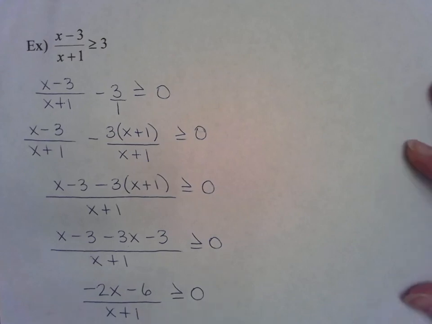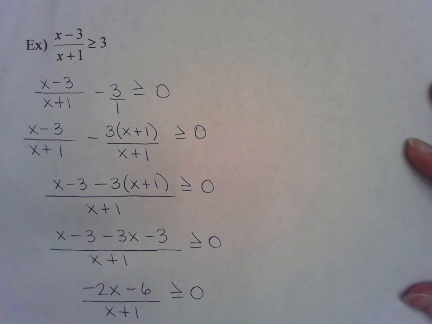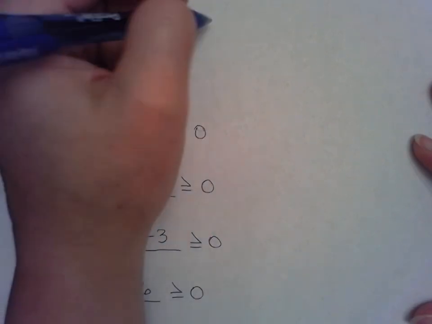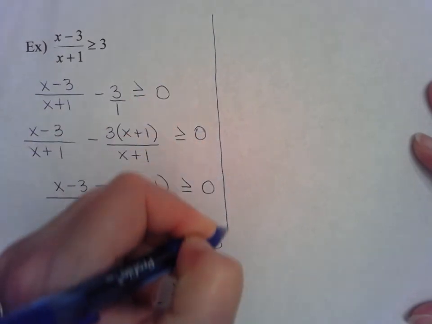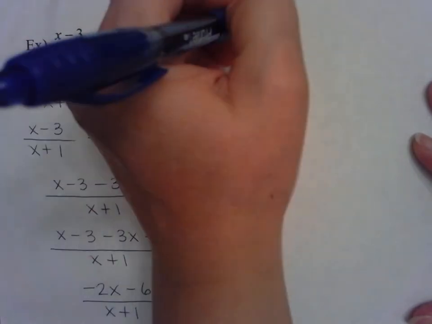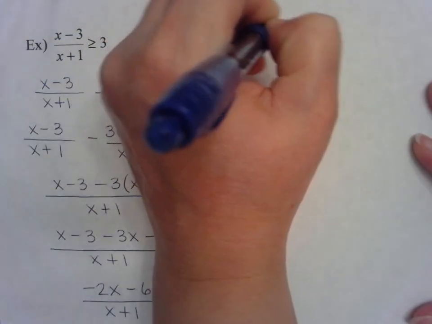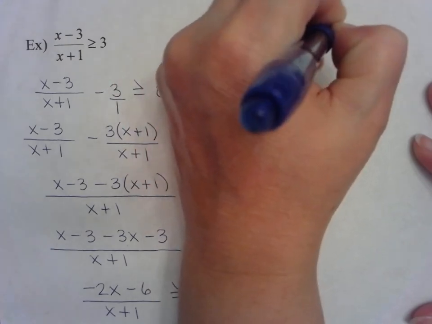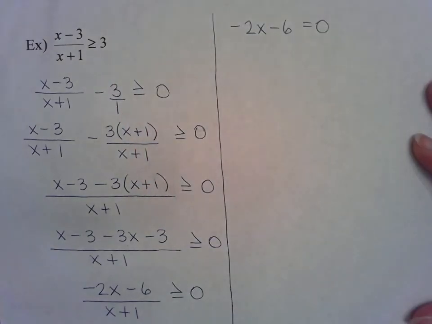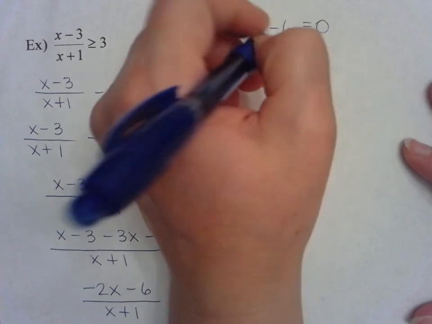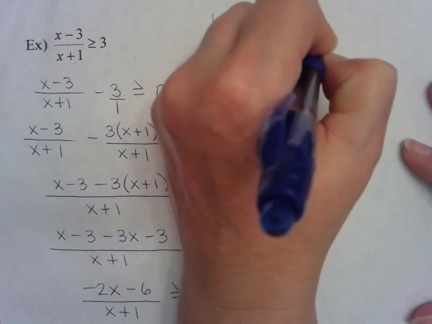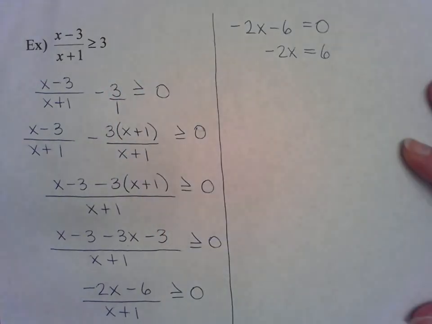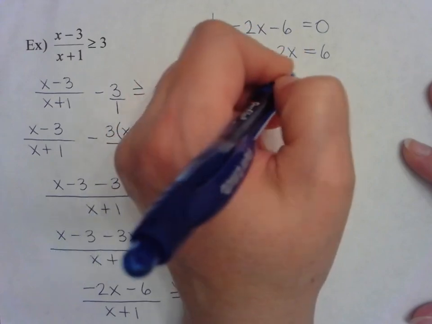Okay, so now we want to find those critical values. So to do that, we're going to set the numerator equal to 0, and we're going to set the denominator equal to 0. Let me do that over here. So if we set the numerator equal to 0, and we solve, we'll add our 6 over and divide both sides by negative 2.